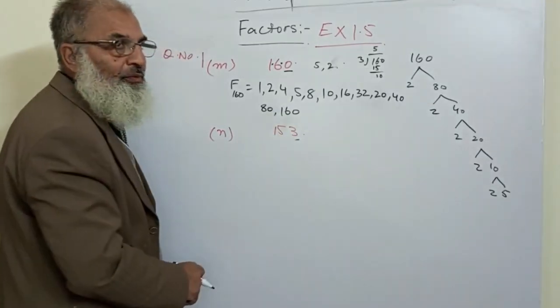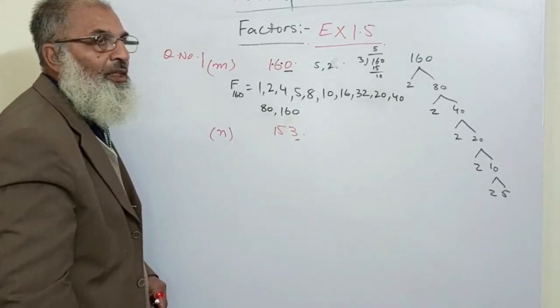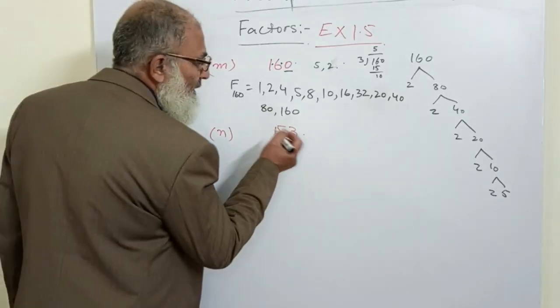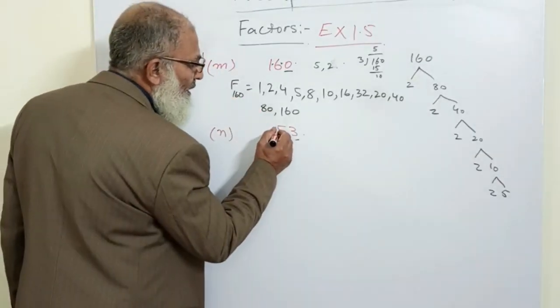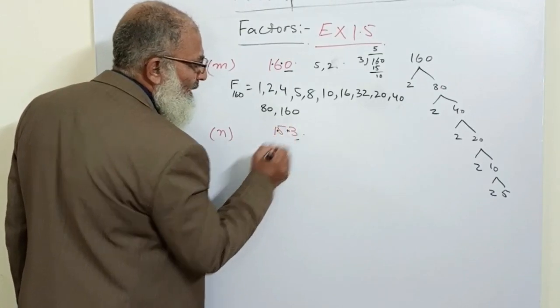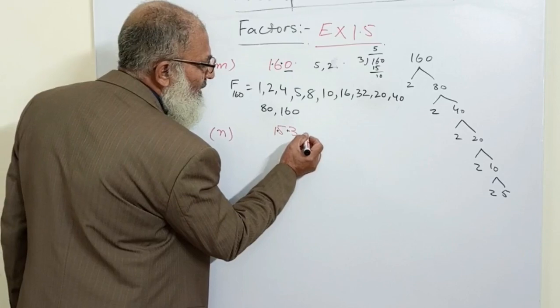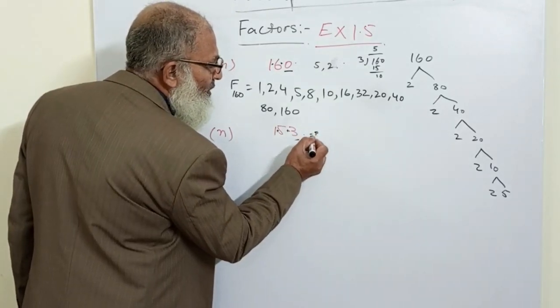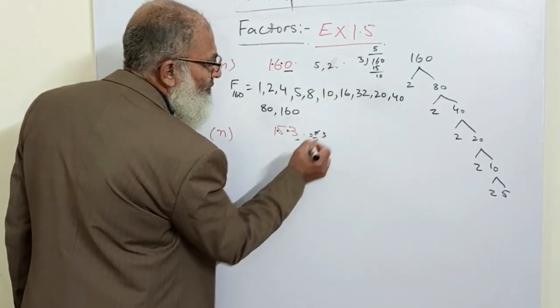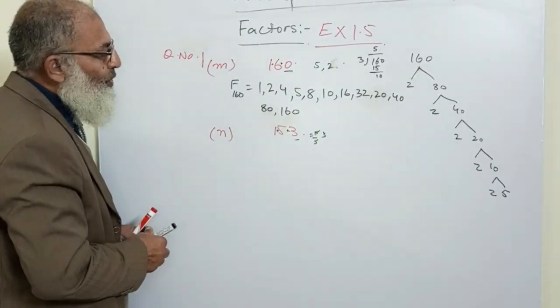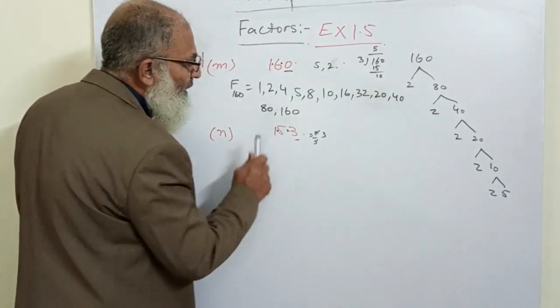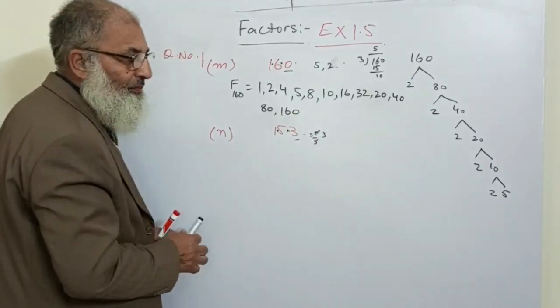We don't have 0, we don't have 5. So what do we do? I just check it for 3. What is the outcome? 6 plus 3 is equal to 9. So 9 is divisible by 3. So that means 153 is divisible by 3.